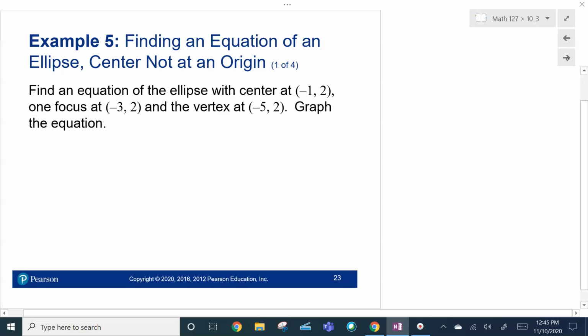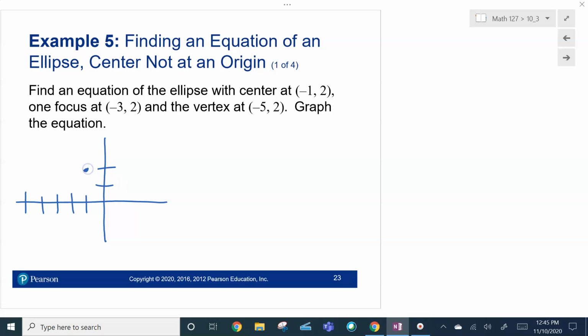Find the equation of the ellipse with a center at (-1, 2), one focus at (-3, 2), and a vertex at (-5, 2). So we've got the center, (-1, 2). Here's our (h, k).